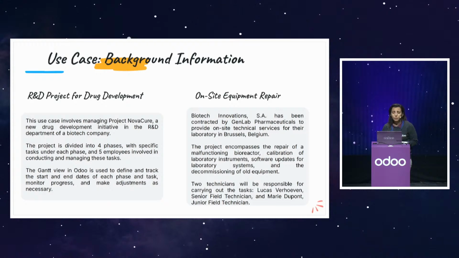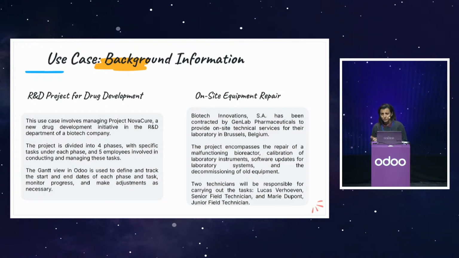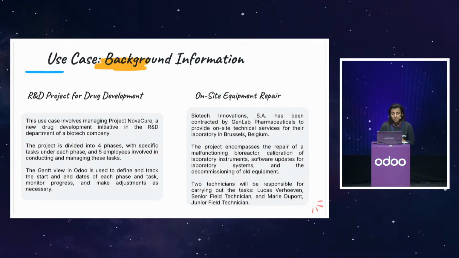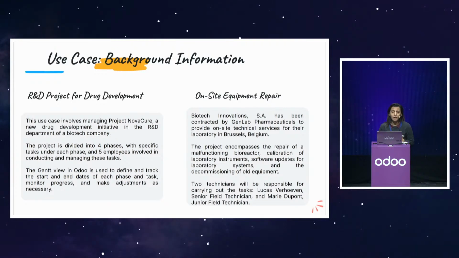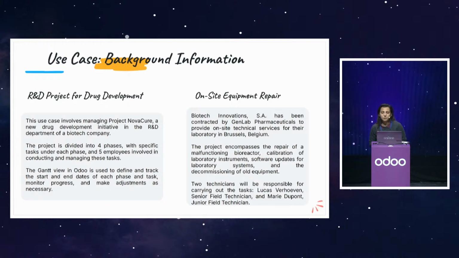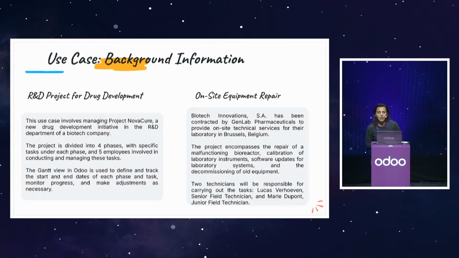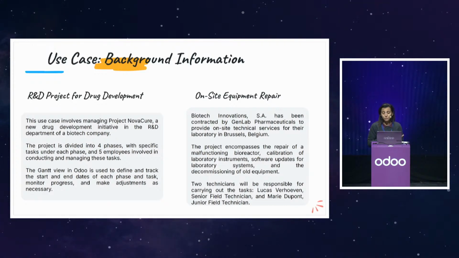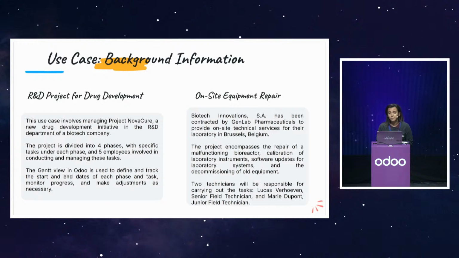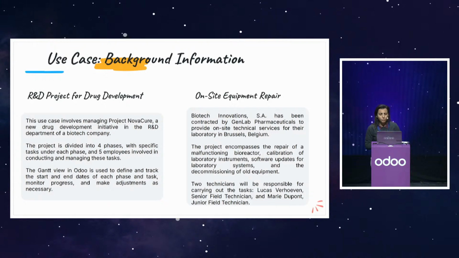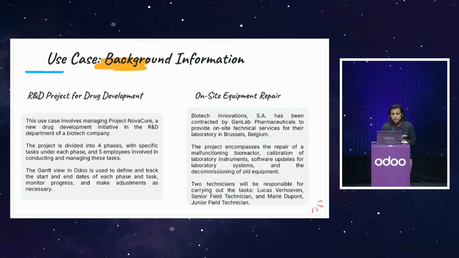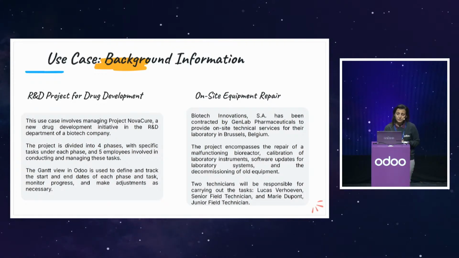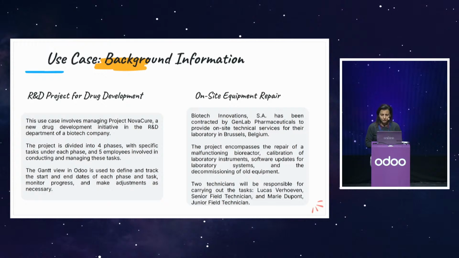Project NovaCure is divided into 4 phases, and each phase has a set of tasks that have to be carried out by 5 different employees. These employees, as you can imagine, have different roles as well as different skills. For example, we have the head of the R&D department, the project manager, 2 lab technicians, as well as a data analyst.